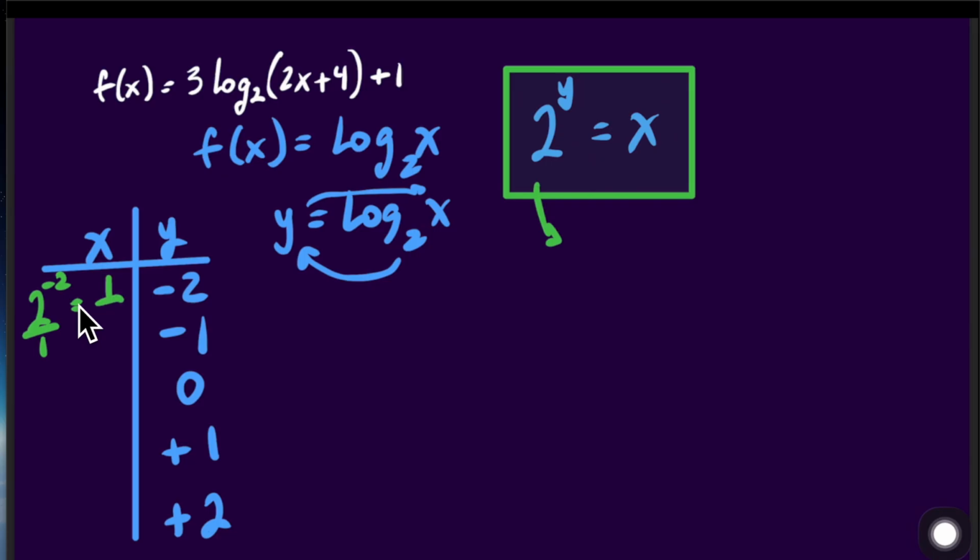And that's going to give us 1 over 4. When we have -1, we're going to have 2 to the -1, which is going to equal 1/2. 2 to the 0 is going to equal 1. 2 to the first power is going to equal 2. And finally, 2 to the second power is going to equal 4.